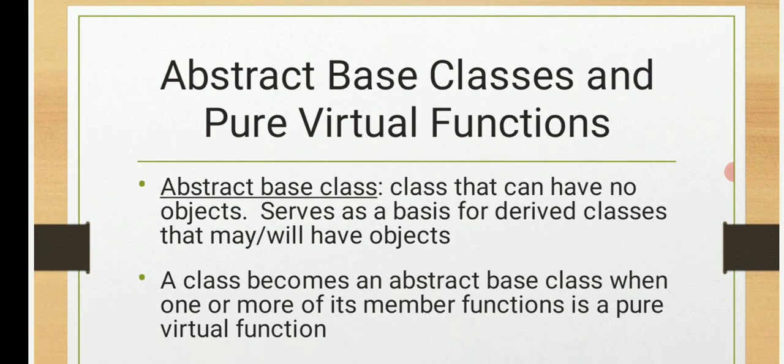An abstract base class is a class that can have no objects. It serves as a basis for derived classes that may have objects. A class becomes an abstract base class when one or more of its member functions is a pure virtual function.